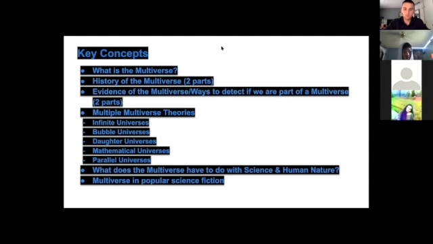And we're also going to get into a few multiverse theories that have been developed and studied, and these are going to be the infinite universe theory, the bubble universe theory, the dotted universe theory, mathematical universe theory, and parallel universe theory. And then we're also going to get into how the multiverse has much relation with science and human nature, which is the class we're taking now, obviously. And we're also going to get into how multiverse is related to a lot of popular fiction, science fiction today.